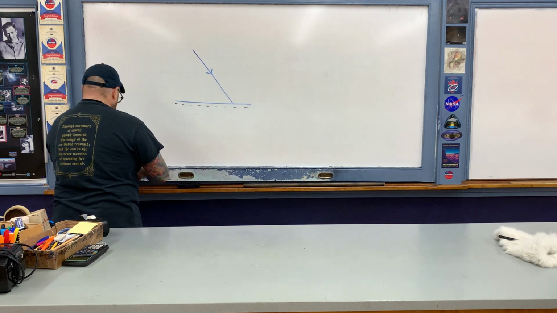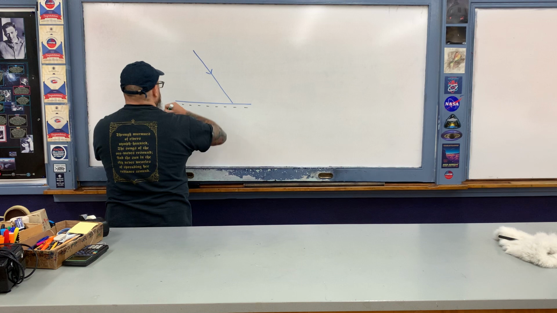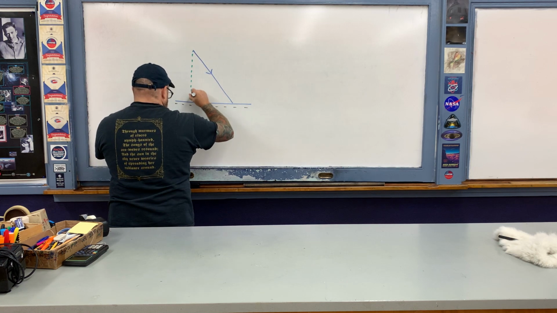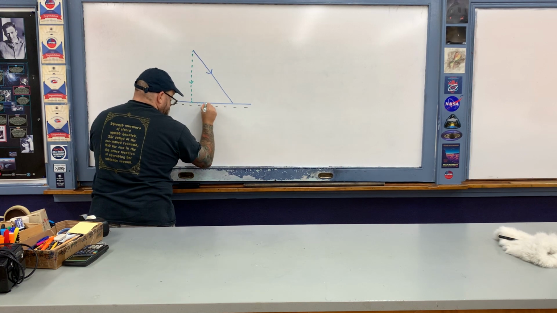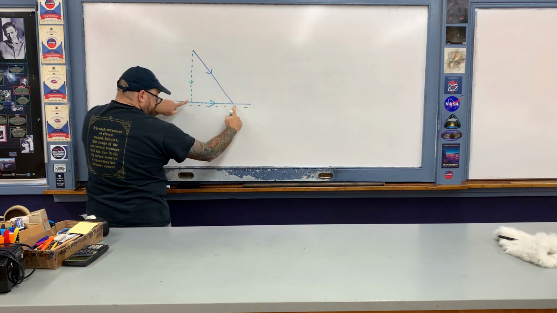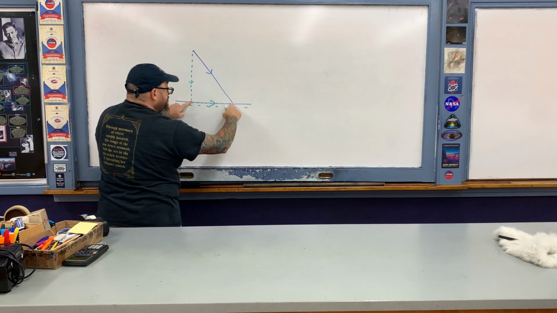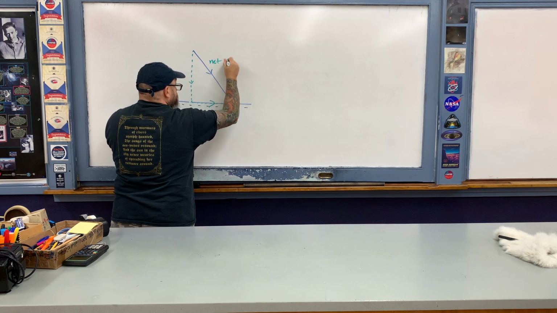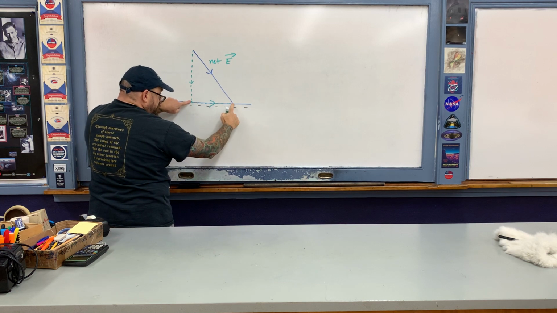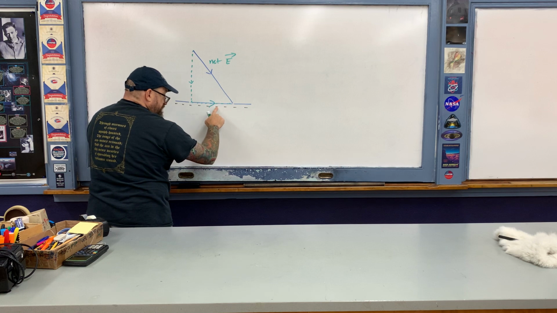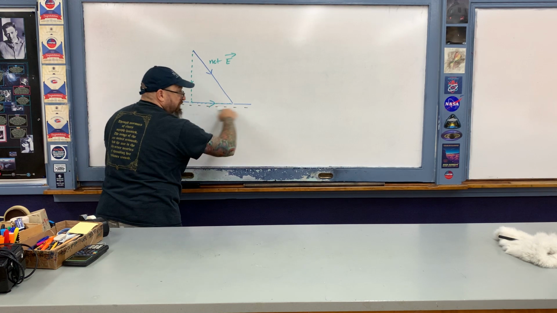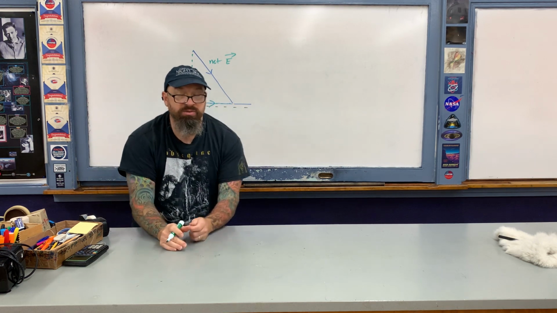It would have, for example, a component like so on my diagram, and it would also have a component like so. Take a look at this component right here, and keep in mind that we're talking about the net electric field. So if this is a component associated with the net electric field, this then means that ultimately there's going to be an electric force exerted upon each individual electron such that they then begin to accelerate.